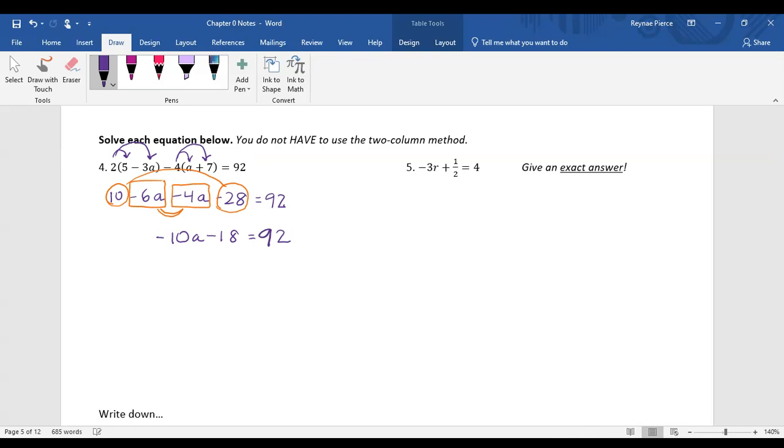Still haven't changed the right side at all. Add 18 to both sides. Negative 10a is 110. And divide both sides by negative 10. Gets me a equals negative 11.